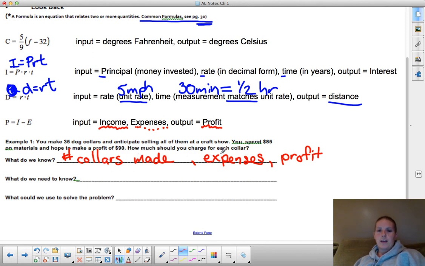Number of collars made, our expenses, and our profit. So what do we need to know? How much to charge per collar, right?